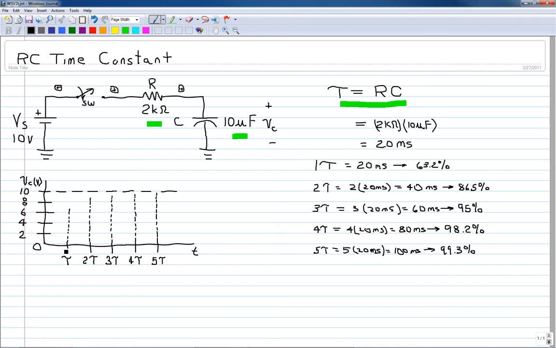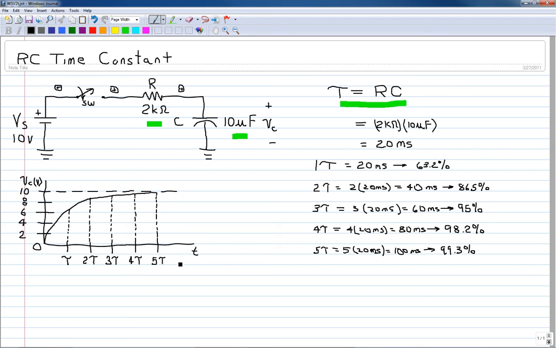So you can see that a graph of that rate of charge would look something like this. So after 5 time constants, we consider the capacitor fully charged.